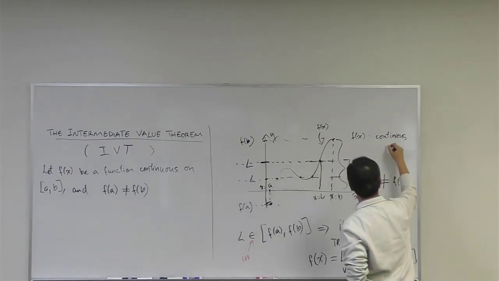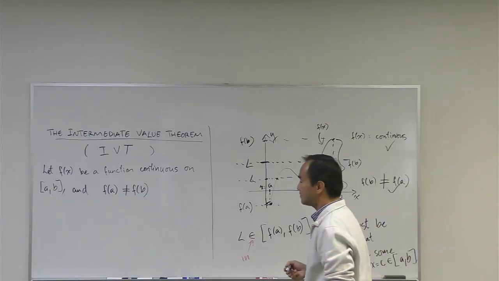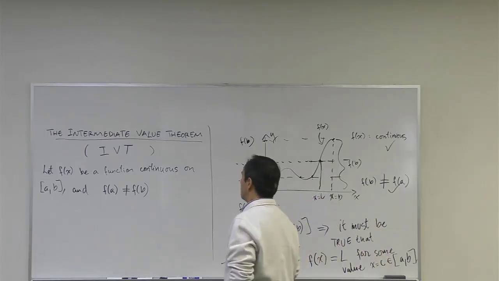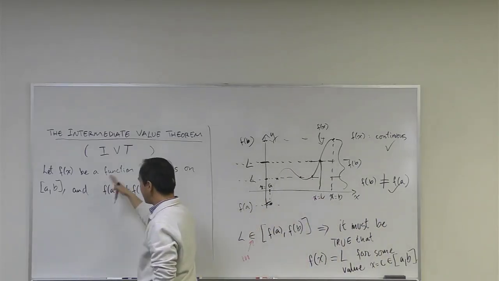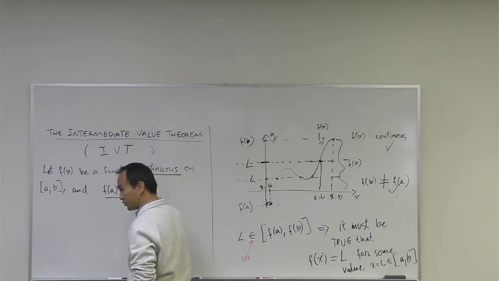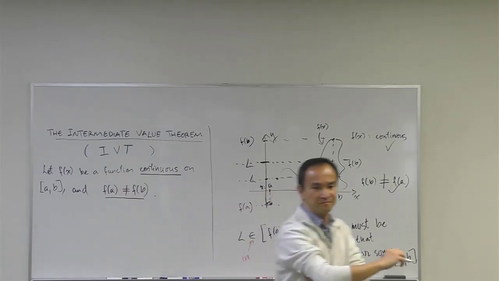These are the two requirements stated in that one statement. Anytime you're considering a function that meets these two requirements, being continuous on an interval and having those two endpoints be different, then the following result is true.